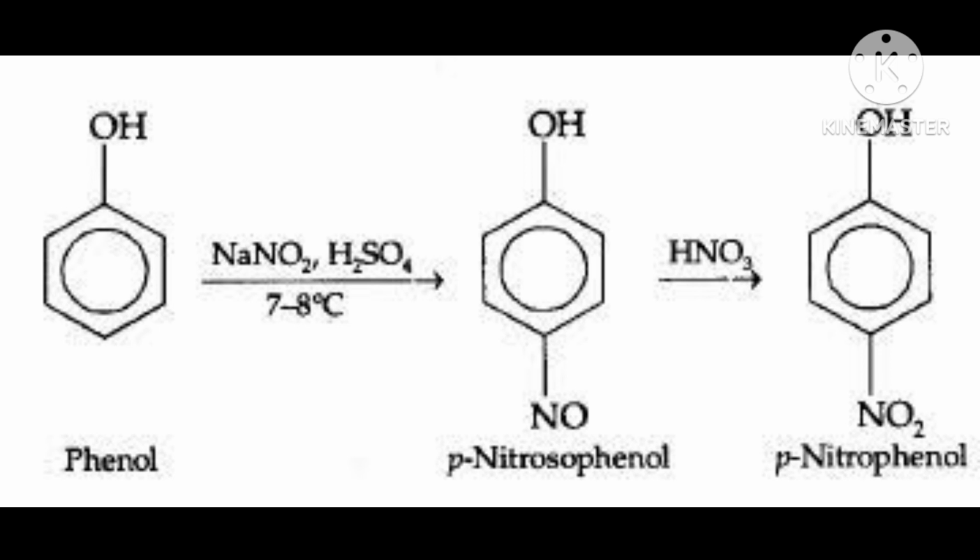After that, it will convert to formic acid. Methanol has only one carbon, that's why it's called formaldehyde. Then formaldehyde goes to the next step and converts to formic acid.